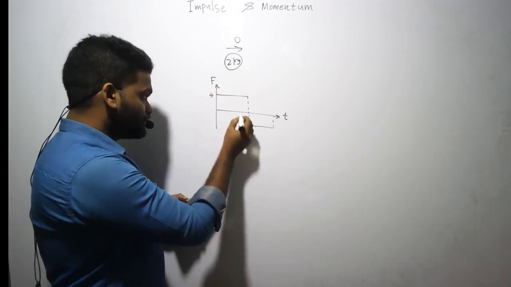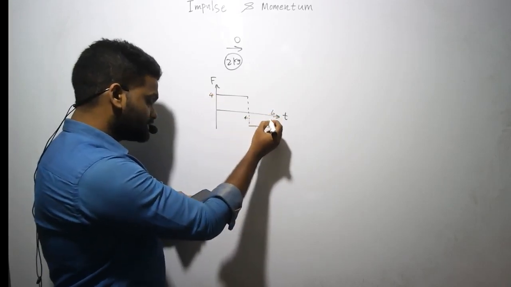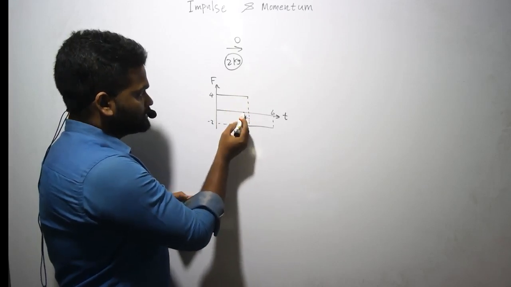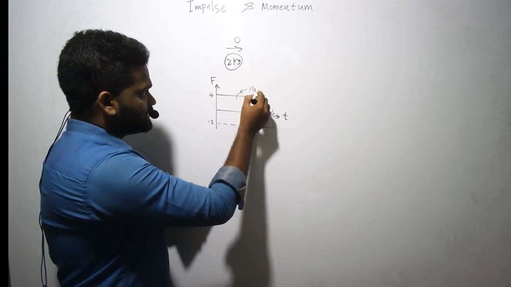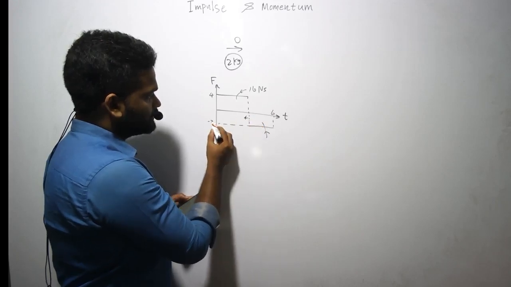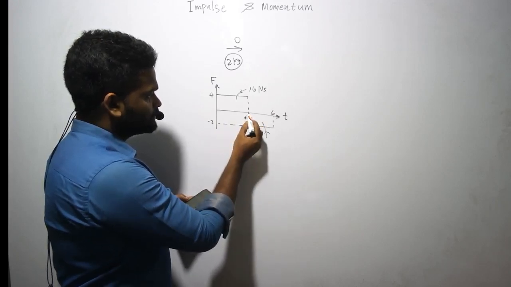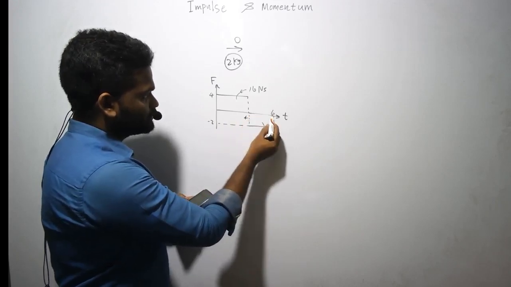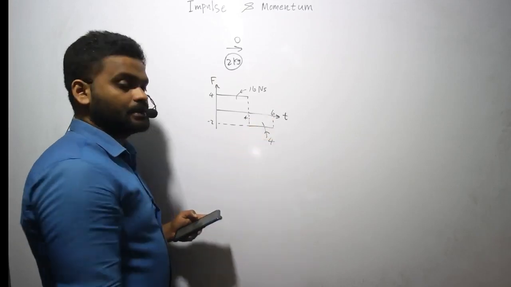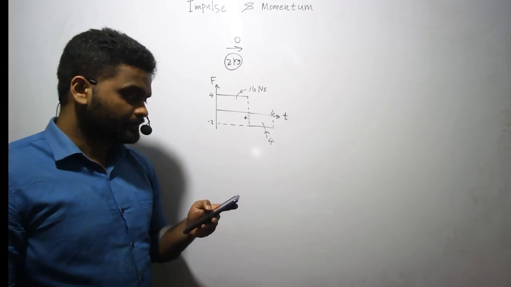So here you have 4 and 4, 6, and this value minus 2. So this one you can see 4 times 4, it is 16 Newton seconds, and this area, 2 times 2, that is 4, right? But this is a negative area, right?